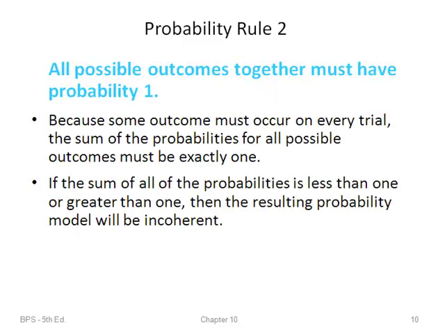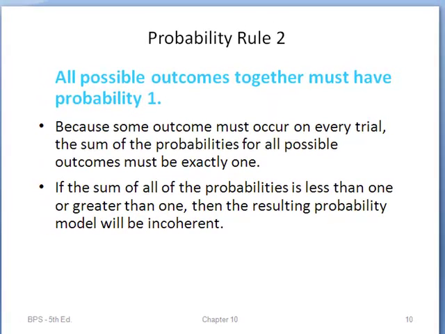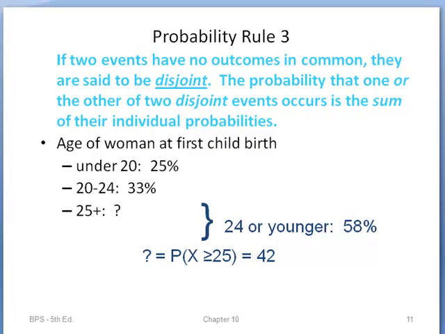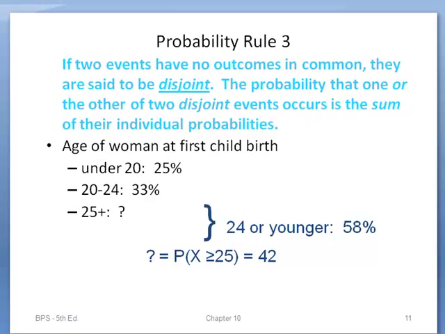Now, because an outcome has to occur for every trial, the probability of all possible outcomes has to equal 1, and that's rule number 2. Here's an example of two disjoint sets. If we looked at being under 21 being 25% of the people, 20 to 24, 33%, and greater than 25, we would have to say it's 42%.